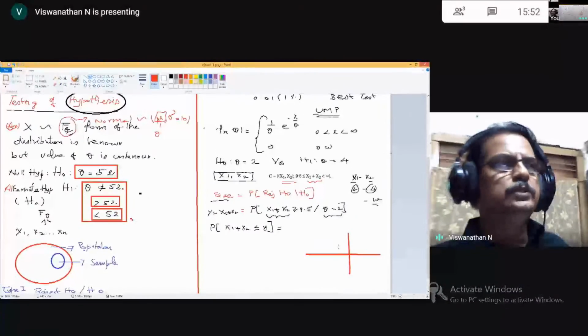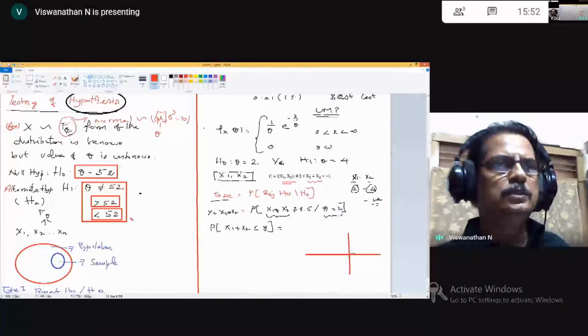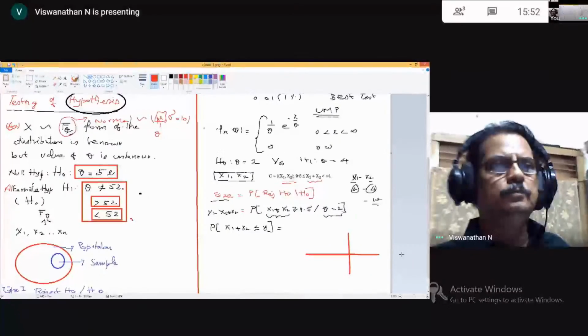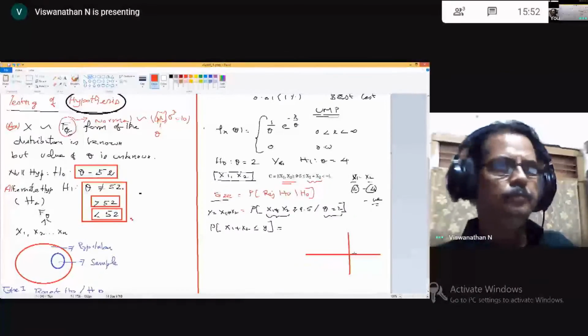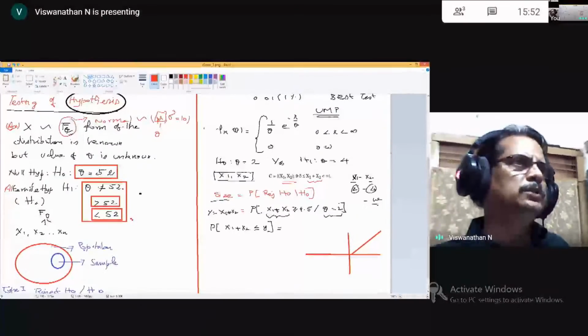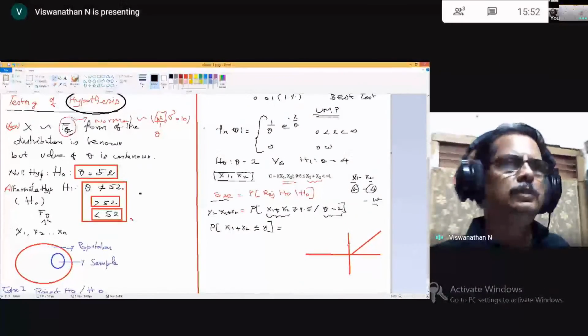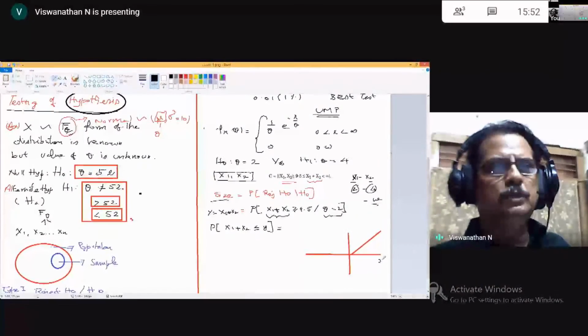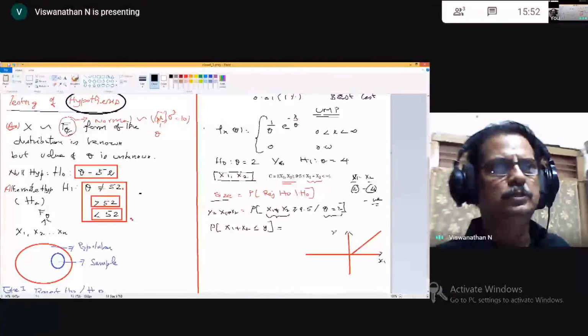So this is my x-axis and this is my y-axis, and this value is x equal to y. This line is x1 equal to x2 in this case. This is the x1 axis because we have x1 plus x2, and this is my x2 axis.